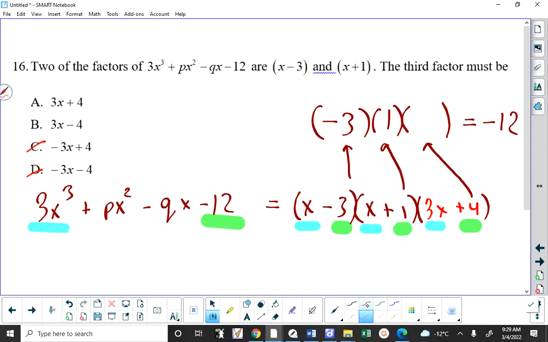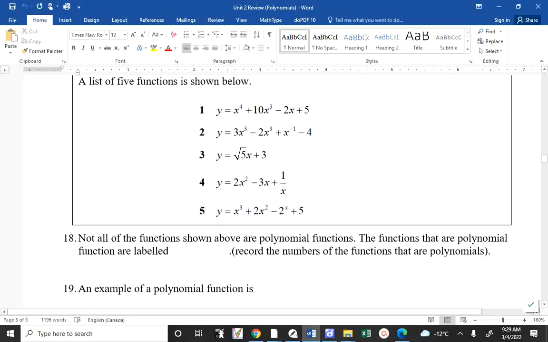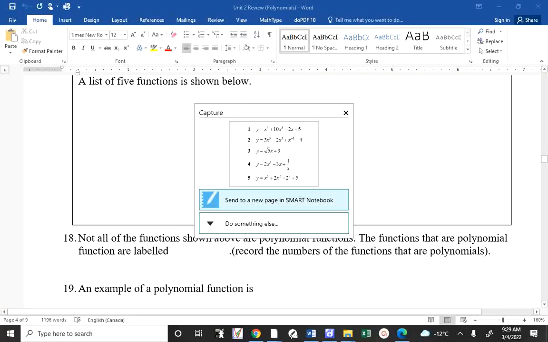For 18, why is number 4 not polynomial? Okay. Number 4 is not a polynomial because of the term 1 over x.